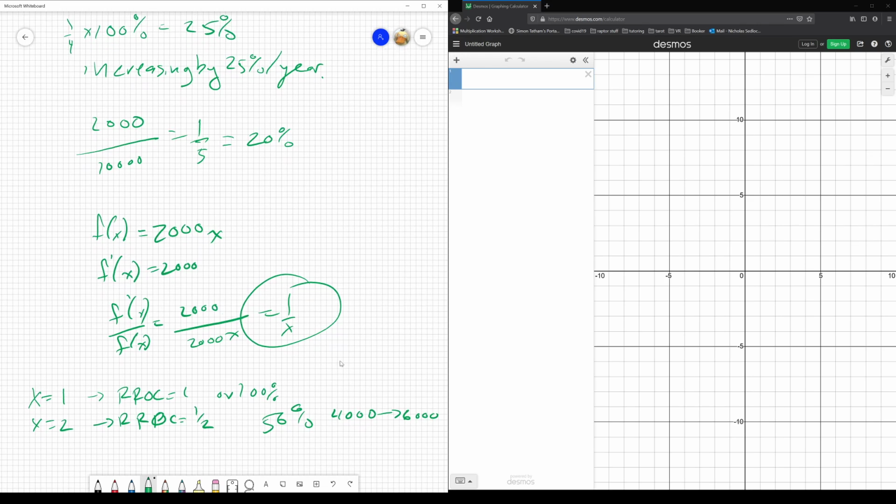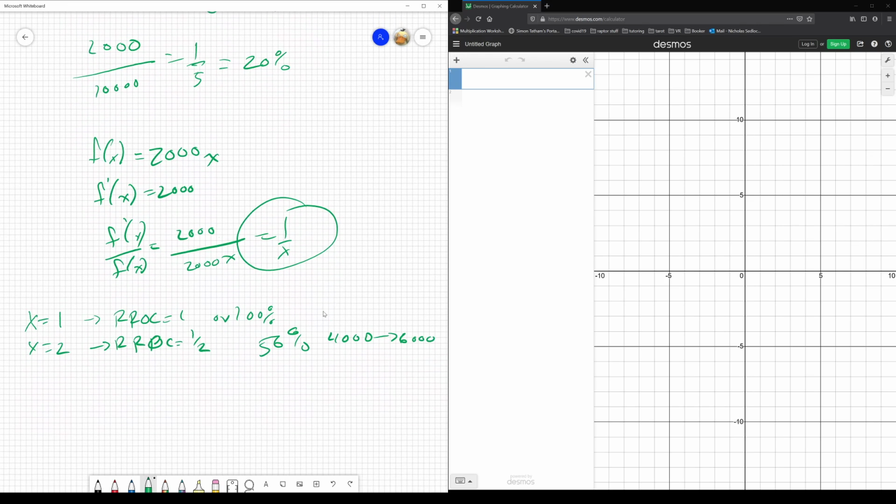So let's try doing the same thing, but with a more complicated expression. Let's say f of x is x squared minus 5x plus 4. Then f prime of x is 2x minus 5, and so your relative rate of change is 2x minus 5 over x squared minus 5x plus 4.